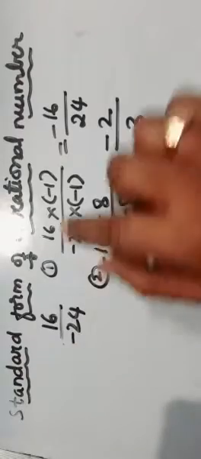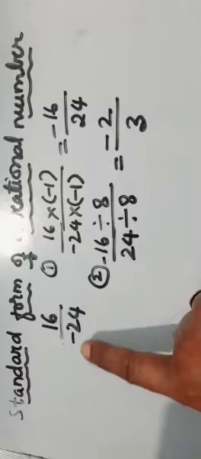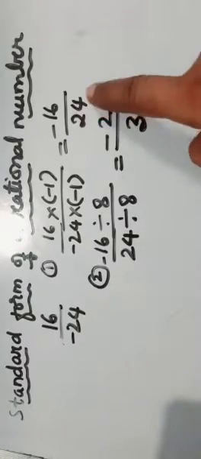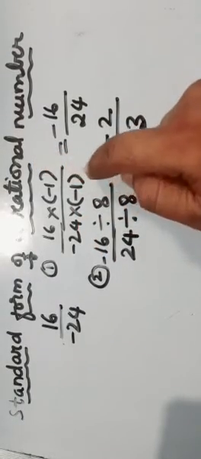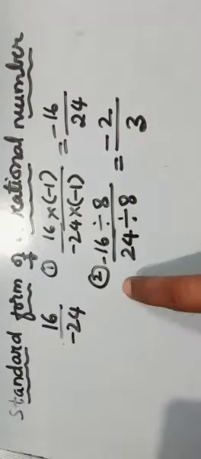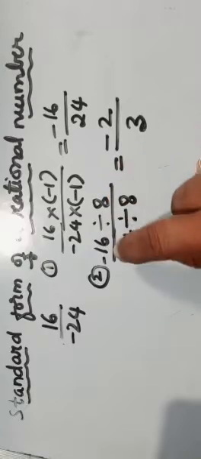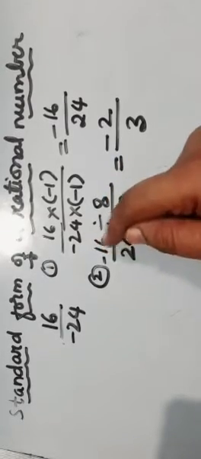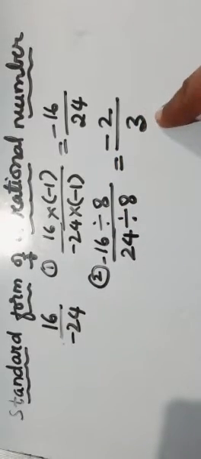So the first step what we do is if any rational number is having minus sign in the denominator, first we should convert it into positive by multiplying minus 1 in the numerator and the denominator. Then in the second step we have to divide with the HCF, highest common factor, for the numerator and denominator so that we get the rational number in the simplest form.